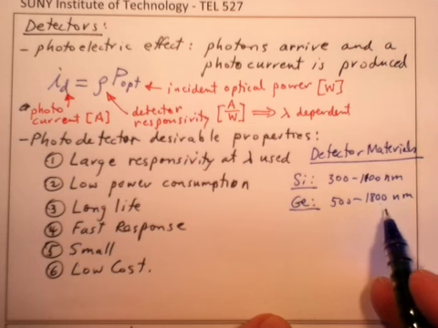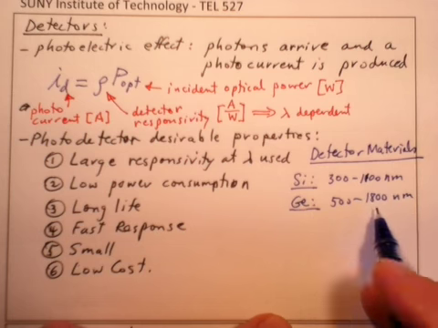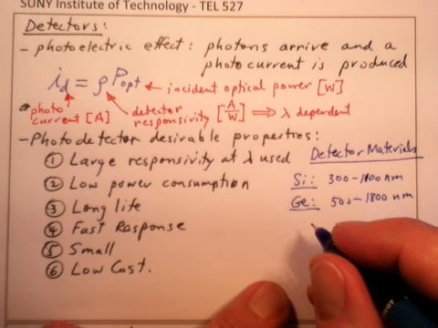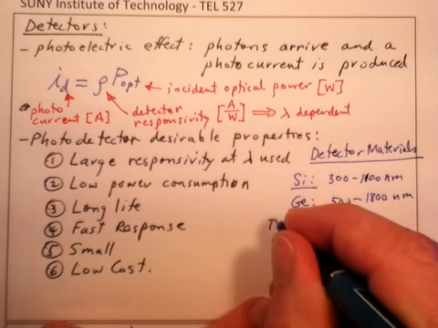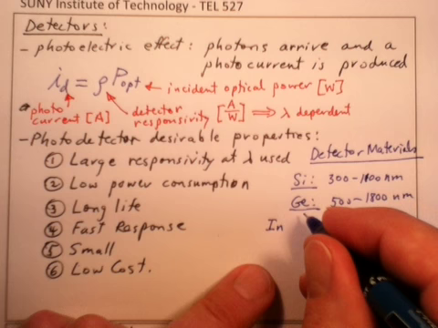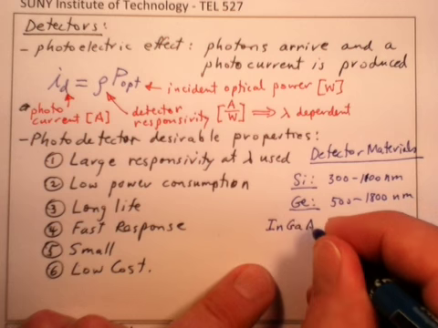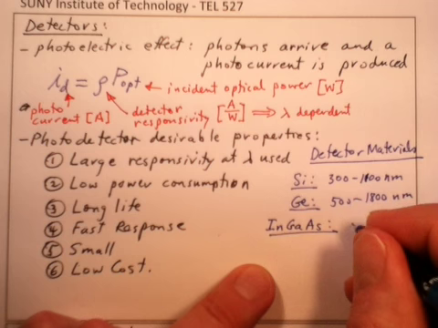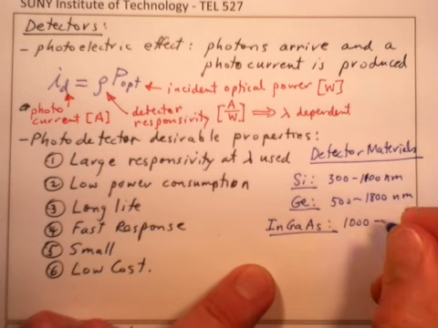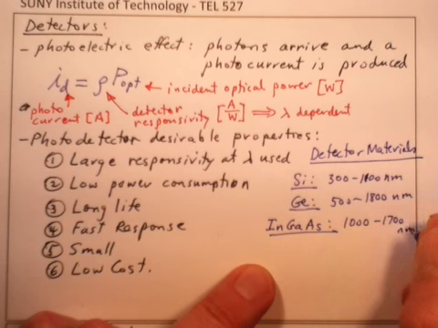Germanium does. It has some properties that we don't like in a receiver, and so we usually use indium gallium arsenide, InGaAs. The InGaAs detectors have a range roughly from 1000 to 1700 nanometers, which is just perfect for us.